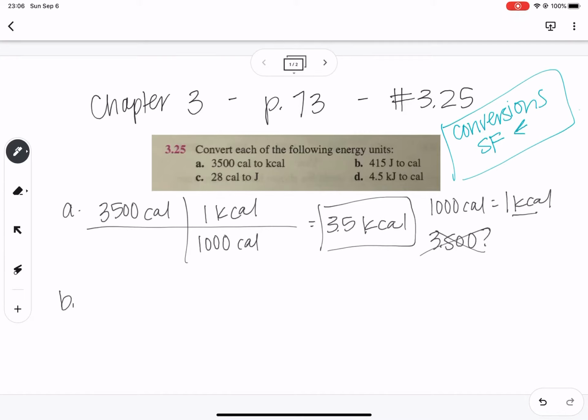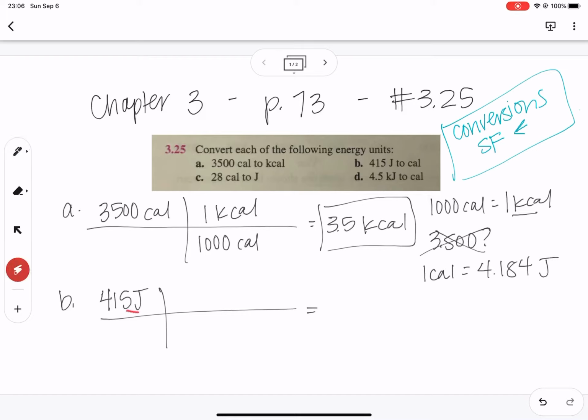Next, B is converting 415 joules to calories. So again, we're going to use a conversion, and this one's in your book. It is 1 calorie is equal to 4.184 joules.